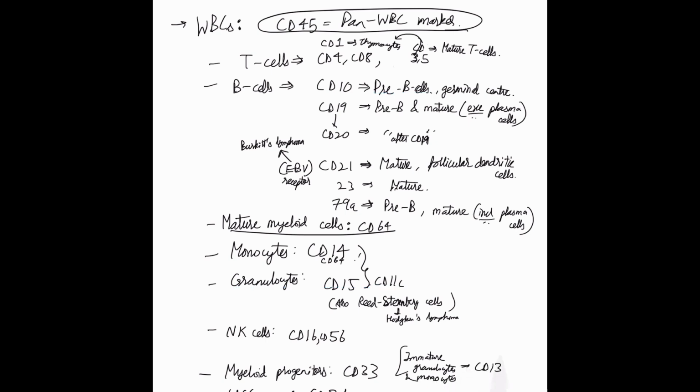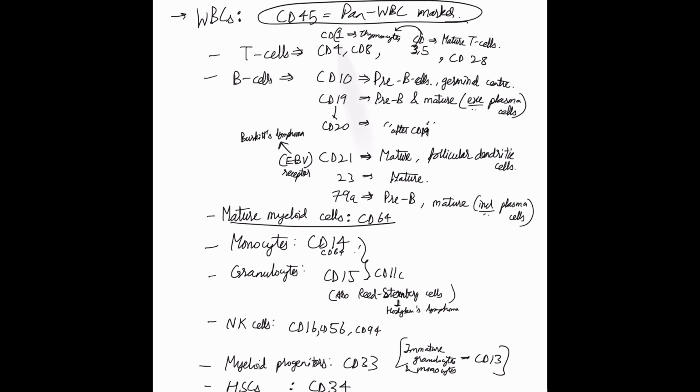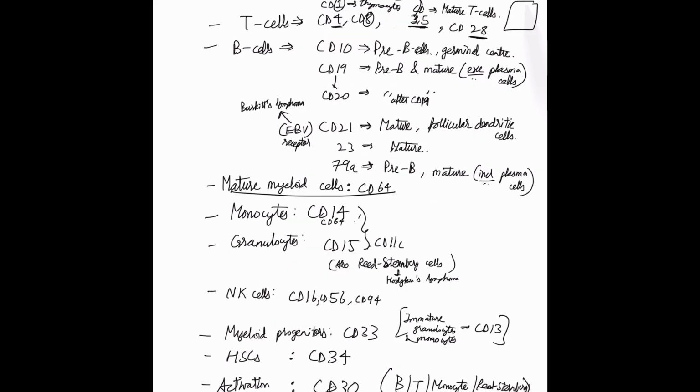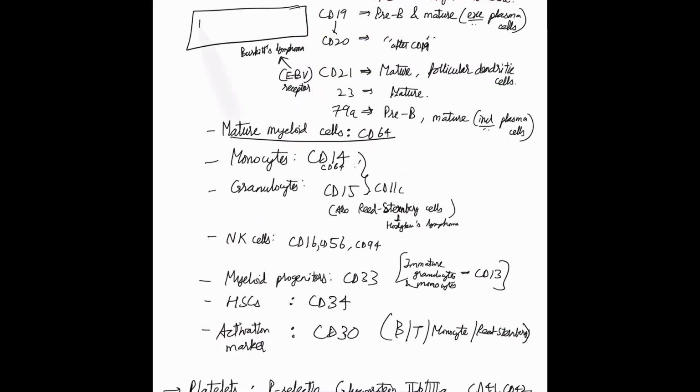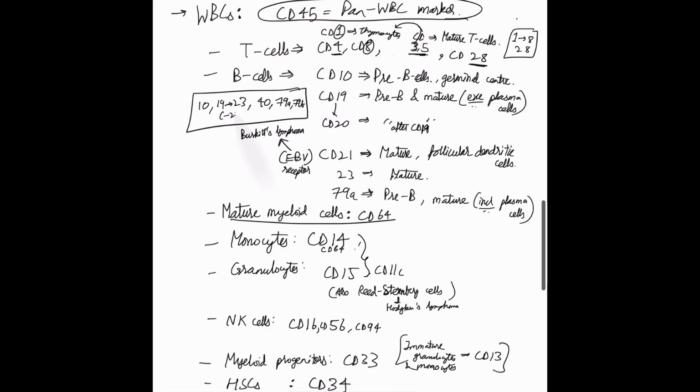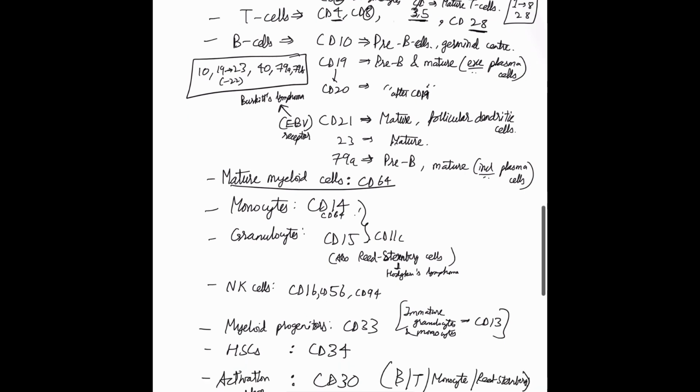And of course, for immature granulocytes and monocytes, we have CD13. And for mature T cells, we also have CD28. So you can remember it like this: 1 to 8, 28 for T cells. For B cells, you can remember it like this: it's just 10, 19 to 23, 40, 79A and 79B, except 22, and leave out CD2, CD6, CD7 for T cells.